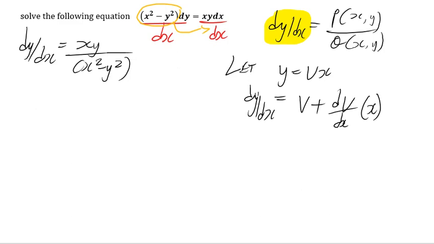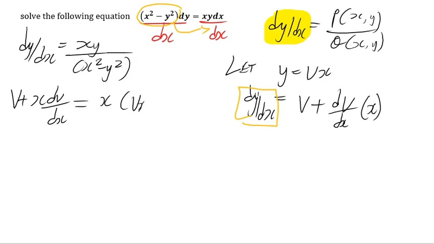Okay, so we're going to go back to the original equation and substitute this dy over dx. You're going to put v plus x dv over dx equals, where there is y, you put vx, divided by x squared minus v squared x squared.